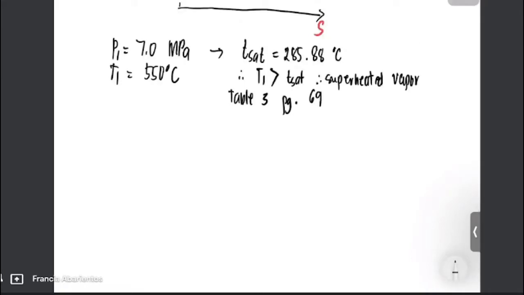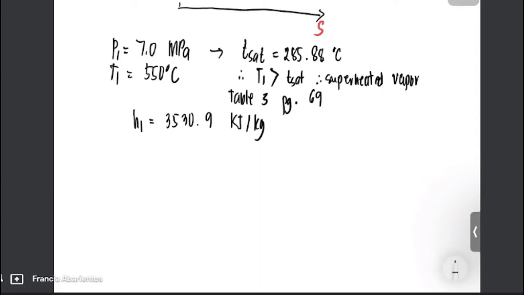So, ano yung kukunin natin? Importanteng property. Okay, so finding all the cycle enthalpy and the other important properties when it comes to thermal efficiency. Ano yung property na kukunin natin na importante? What do you think? So, H1, what is H1?